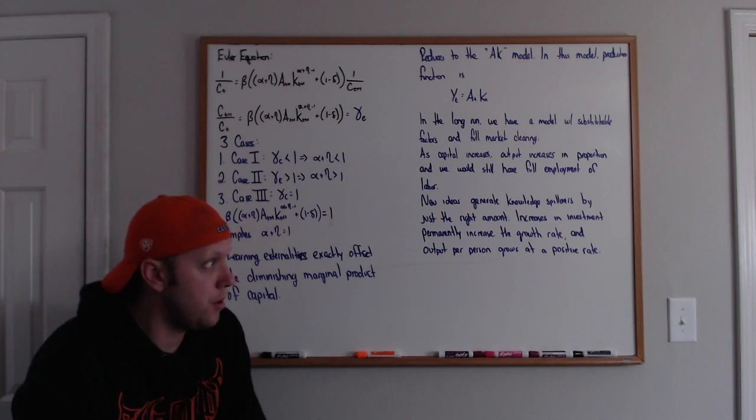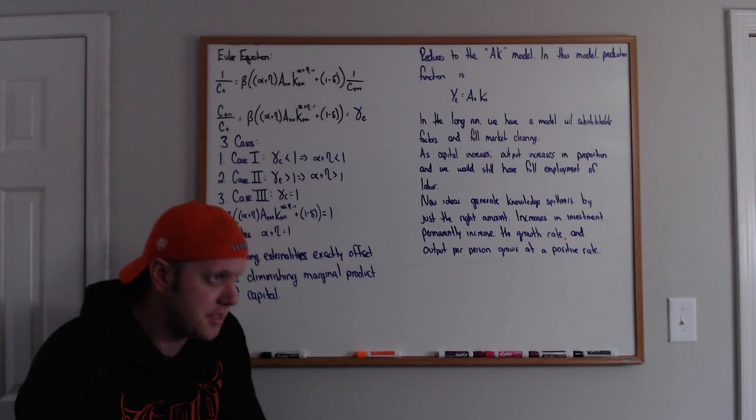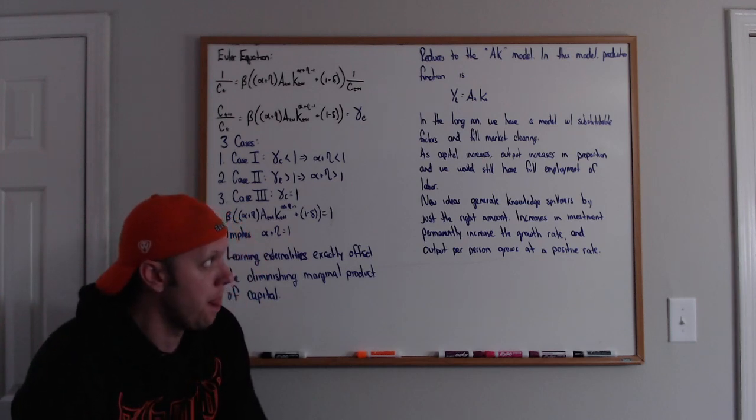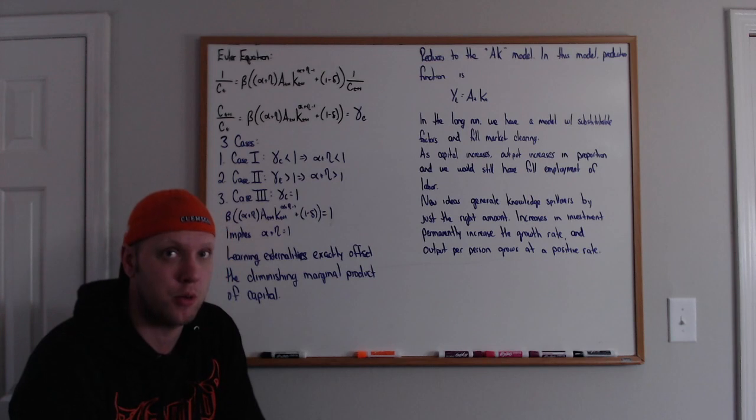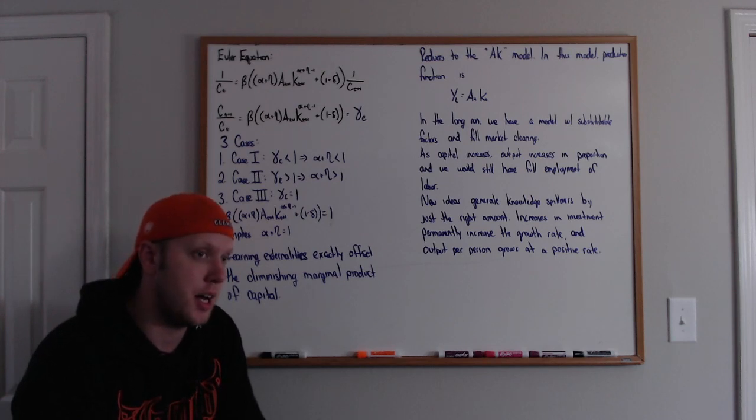Now, under the balanced growth path, what this is basically assuming is that, yes, technically there's still a steady state. But within that steady state, remember before, the only thing that could trigger growth was that exogenous shock.